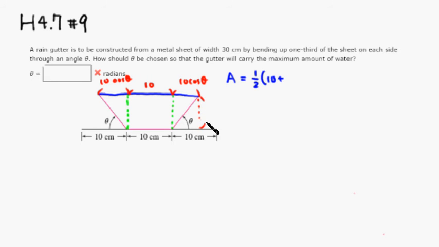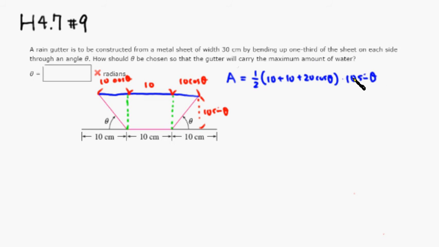So the top will be 10 plus 20 cosine of theta, times the height, which is 10 sine of theta.